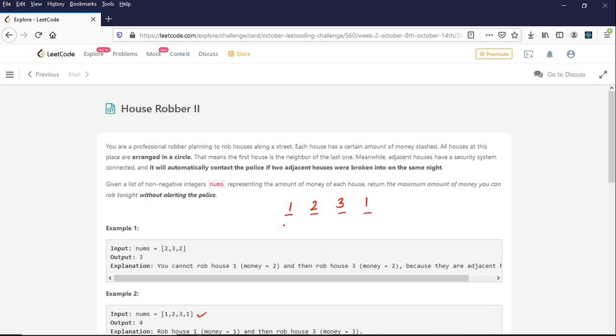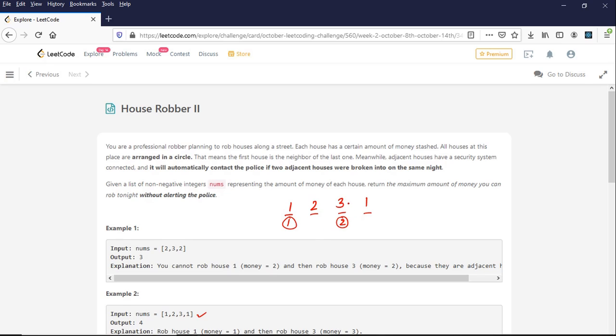So that means if I rob, for example, this house first, then I cannot rob this one, and I can only go to this house. So it will be either 1 and 3, or 1 and 1, or 2 and 1, but not 2 and 3, because these are adjacent.